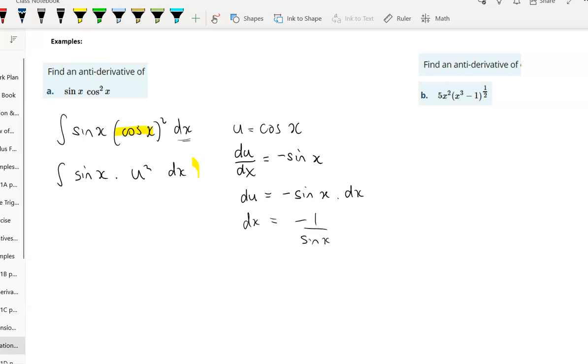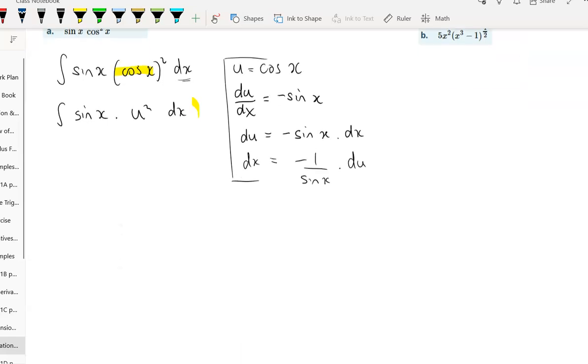I've just taken the minus sine x to the other side of the equation, multiplied by du. So this is a little bit of working out done over here. So now my integral is equal to sine x multiplied by u squared multiplied by, and I'm going to replace dx with what I've just discovered dx is equal to.